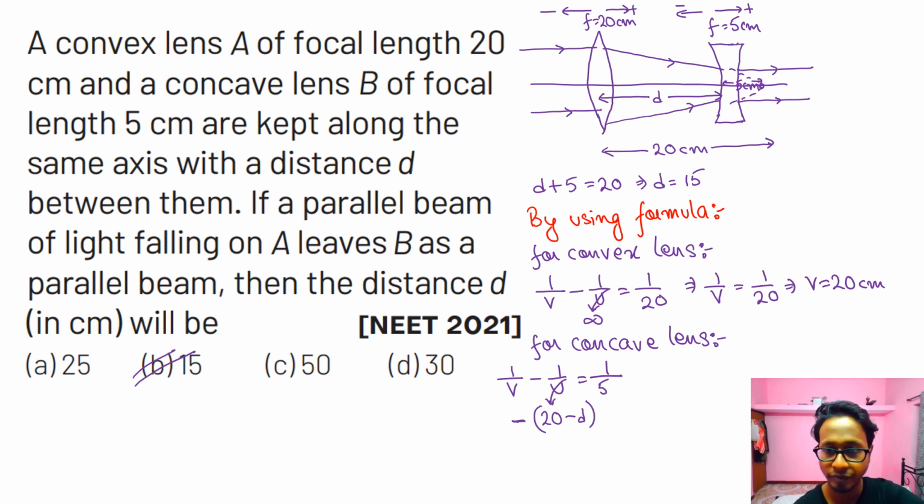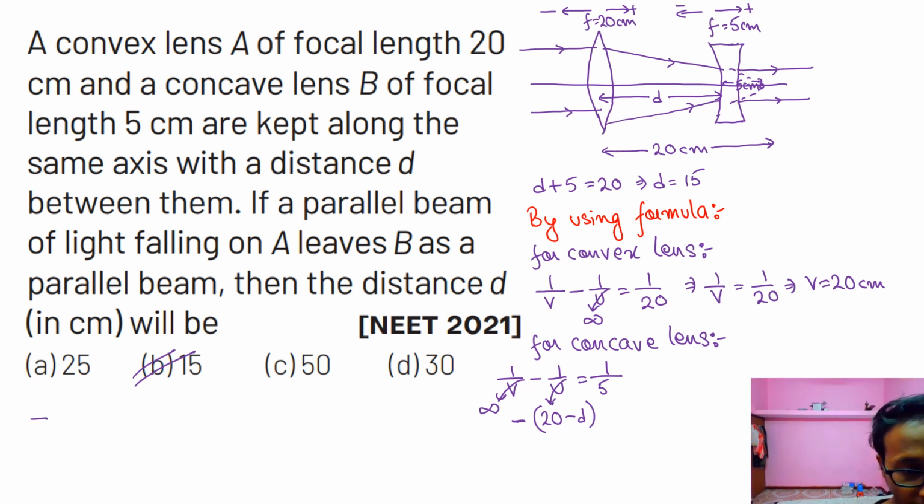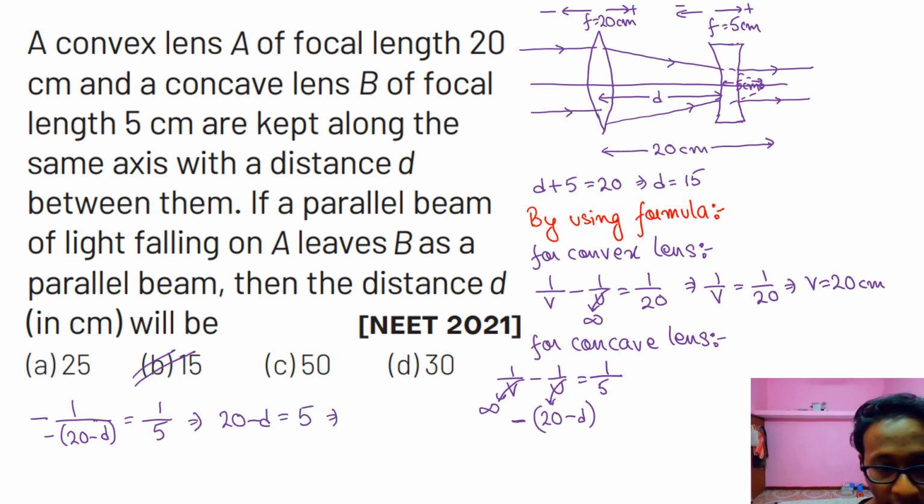Now, after refraction, the rays become parallel, so out here the final image is formed at infinity. So can I say minus of minus 20 minus d is equal to 1 by 5, or 20 minus d is equal to 5, or d is equal to 15.